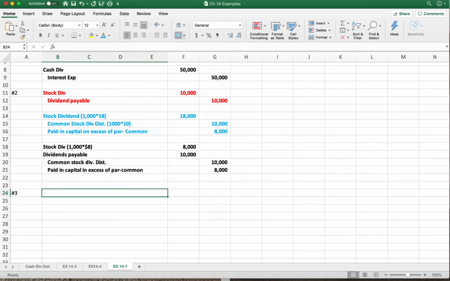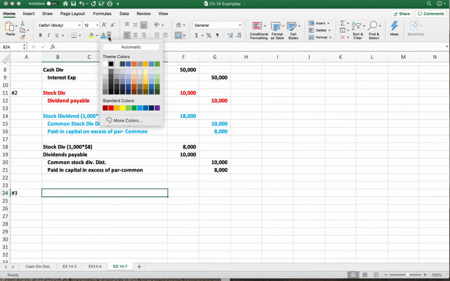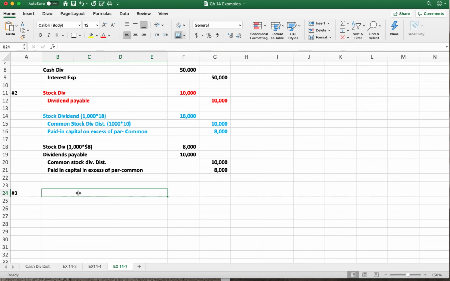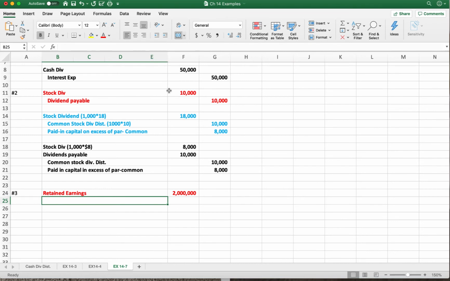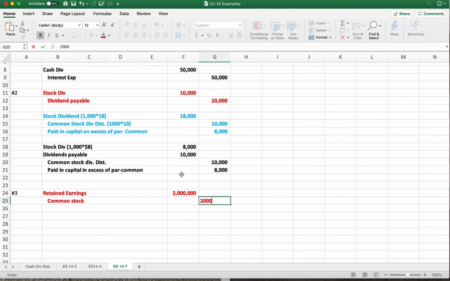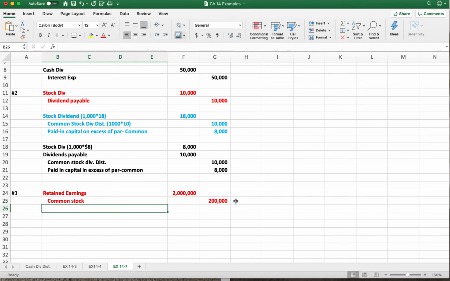Okay, so here's what we did. Now let's go back to the book and we're going to journal entry what we did. The problem tells us we debited retained earnings for $2 million. We credited common stock for $2 million.